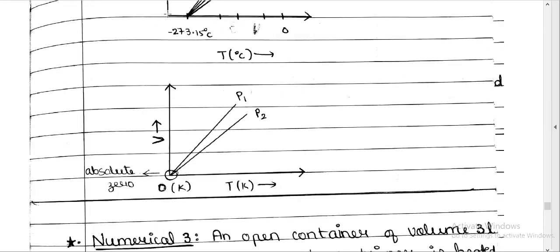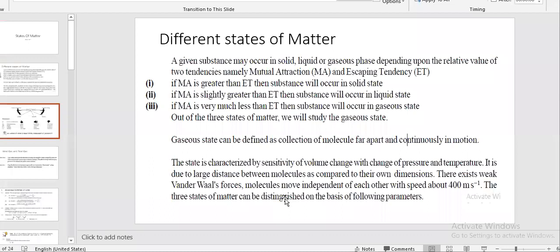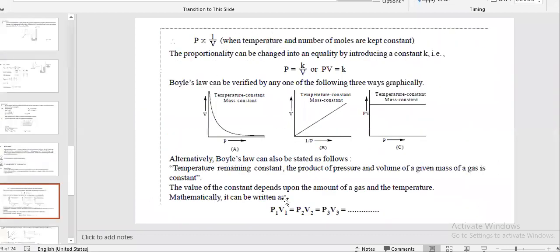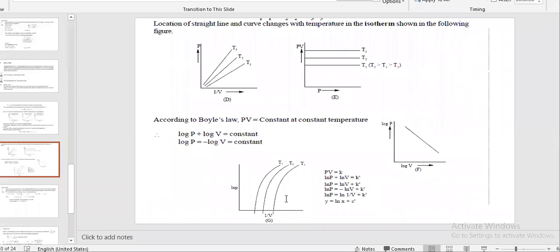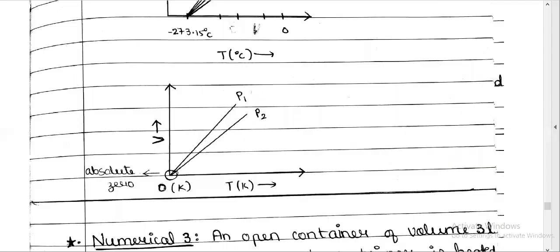Let me show you another graph. It will be much better. So it will be like this. The earlier graph was wrong, because minus 273 will go backwards, since it's negative.